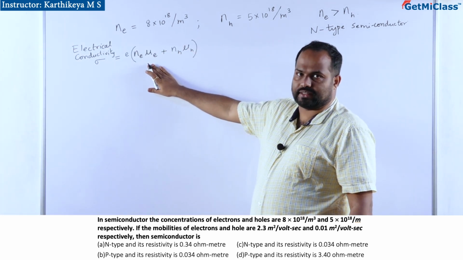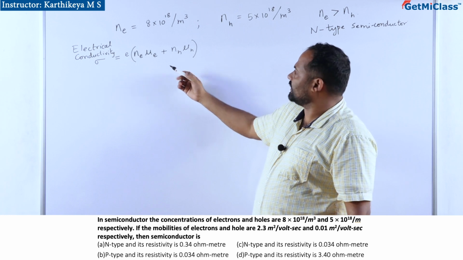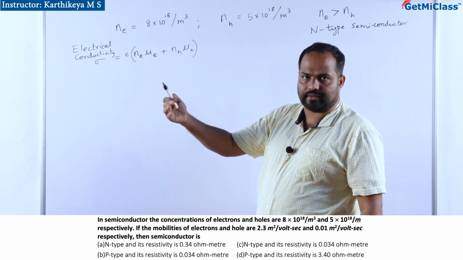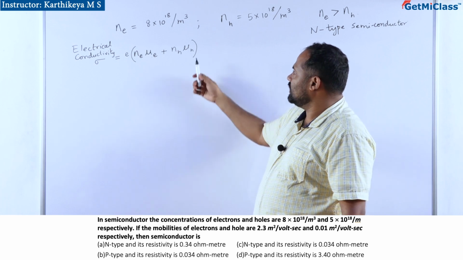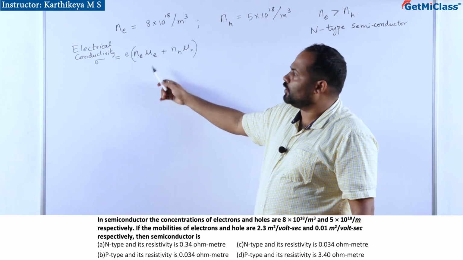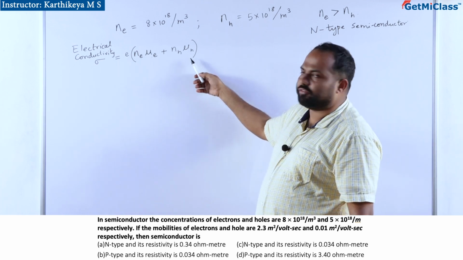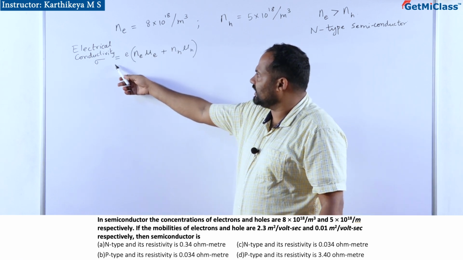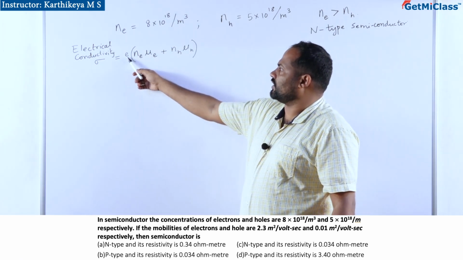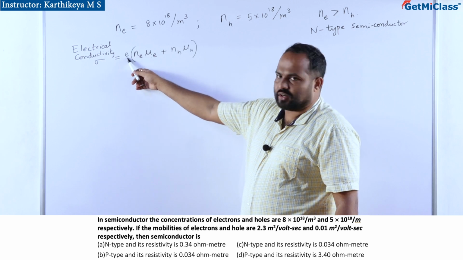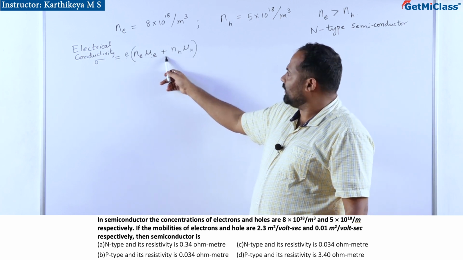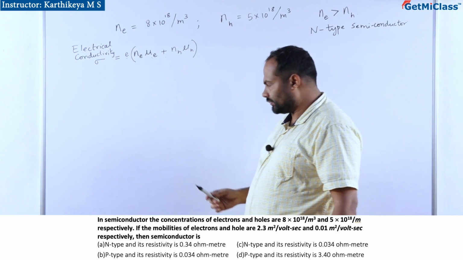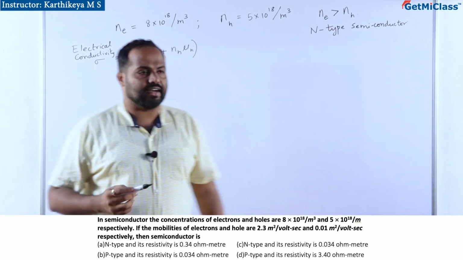In semiconductors, both electrons as well as holes contribute to current. So if the mobility of the electrons is more, current will be more. If the mobility of the holes is more, current is obviously more. So electrical conductivity is number of electrons into electronic charge into their mobility, plus number of holes into its charge into their mobility.